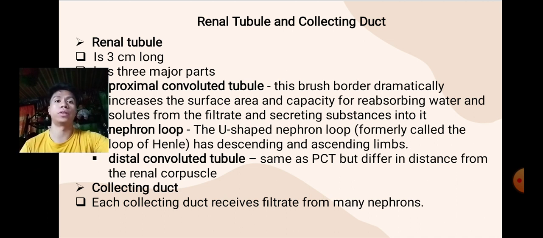And we have the other one, the collecting ducts. Each collecting duct receives filtrate from many nephrons. Once the nephron is done filtrating, the fluid goes to the collecting ducts.